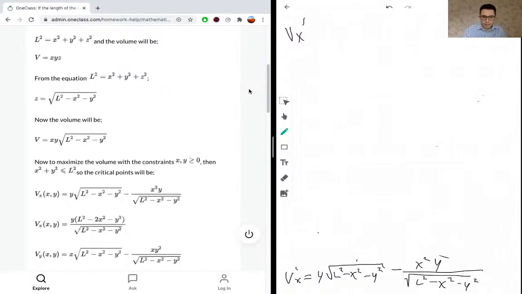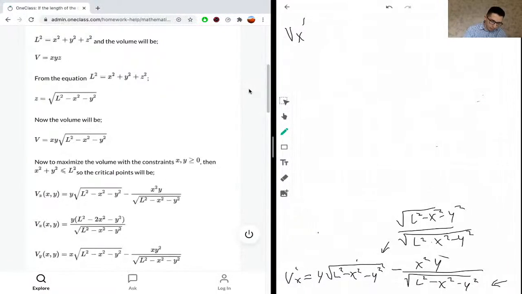The common denominator is just this one, so we take this denominator and multiply the first component, both the top and the bottom, by the square root of L squared minus x squared minus y squared, to find the common denominator.